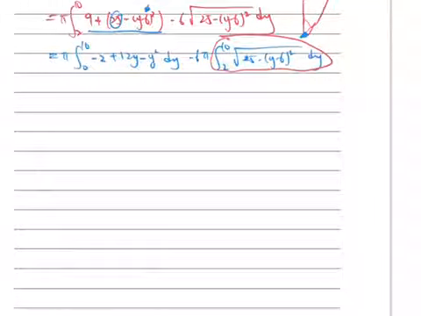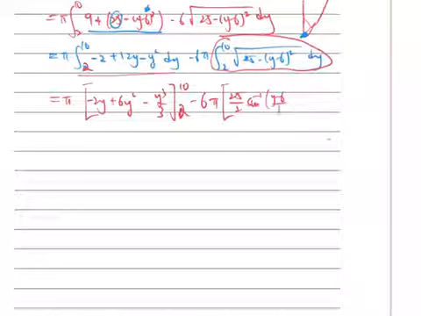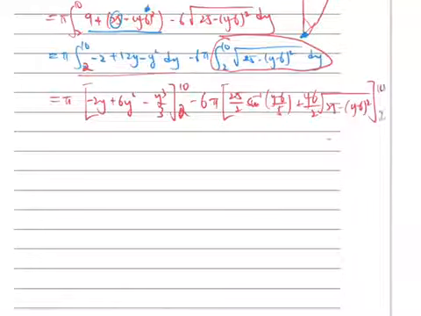Okay, next we further integrate this one. It is equal to pi times (minus 2y plus 6y squared minus y cubed over 3), and then the bracket 10, 0, 2, not 0, this should be 2. And then minus 6 pi, and this one the answer is 25 over 2 sine inverse of (y minus 6) over 5 plus (y minus 6) over 2 root of 25 minus (y minus 6) all squared, and then 10, 2.